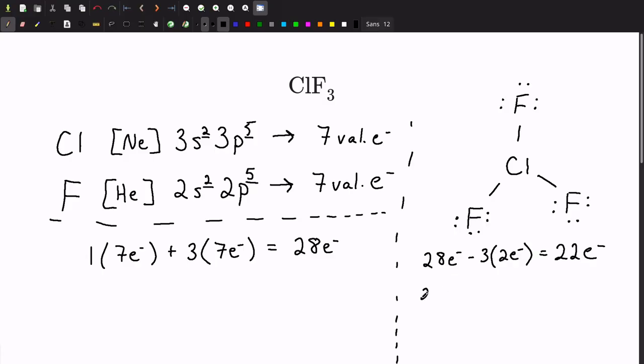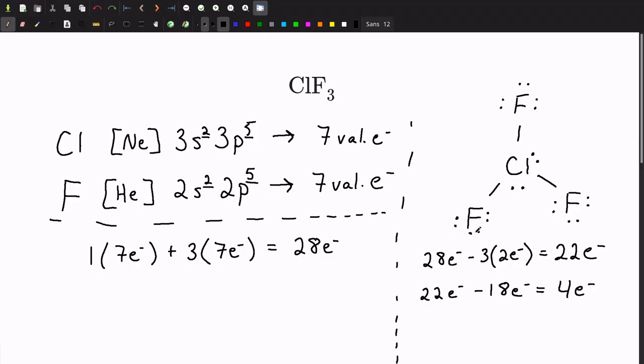We had 22 electrons in our bank. We just burned 3 times 6, 18 electrons, placing those dots. We now have 4 electrons left over. 2 lone pairs, those are going to have to go on chlorine in the center here.